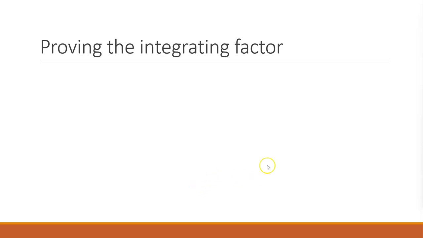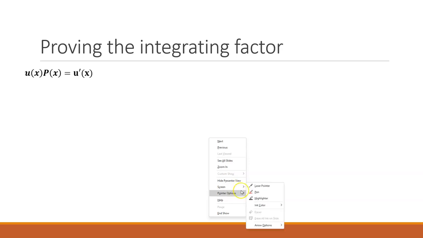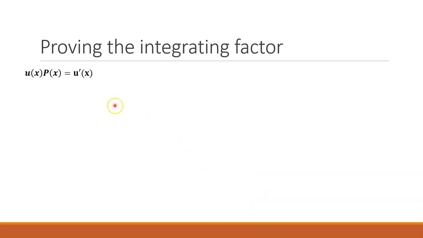If you remember what the reason for the integrating factor was in the first place, it was basically to make a first order linear differential equation into something that you could actually integrate in order to solve for y. And in order to do that, what we were doing was multiplying through the entire equation in standard form by the integrating factor, which we're representing as u of x.